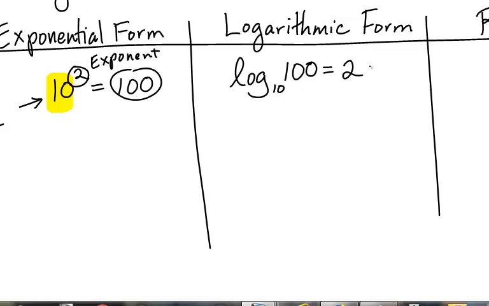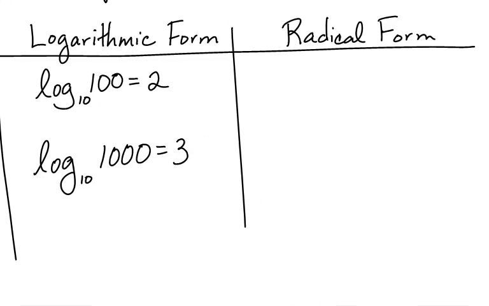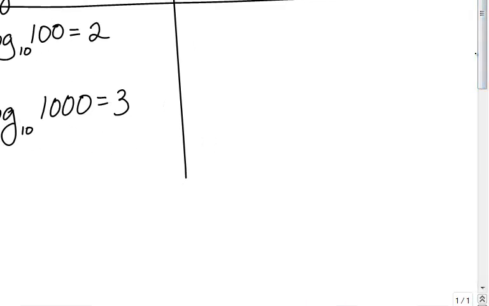The log of 100 base 10 equals 2. So if I give you 1,000 equals 10 cubed, to write that in logarithmic form, you write the log of 1,000 base 10 equals 3.